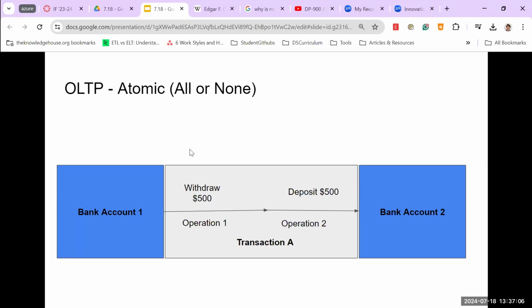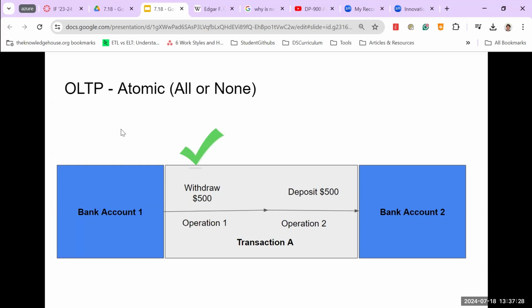Let's go ahead and see what atomicity implies in this transaction. Let's say the customer clicks accept or confirm or whatever button they need to in order to start this transaction. The first operation, in a few microseconds, completes. $500 is taken away from their bank account.